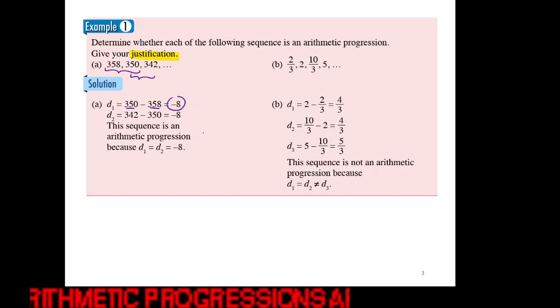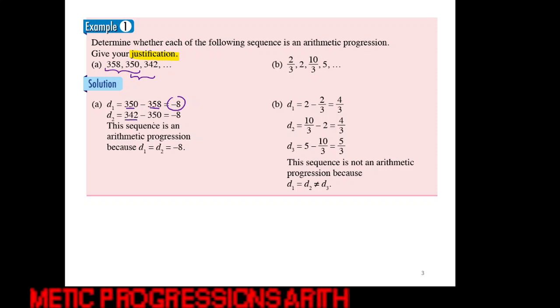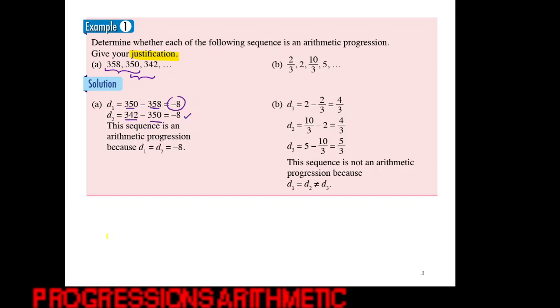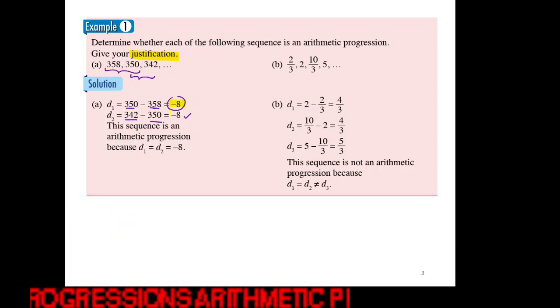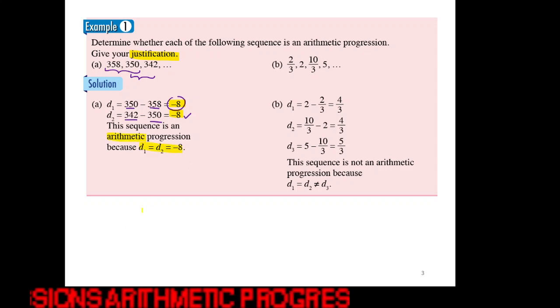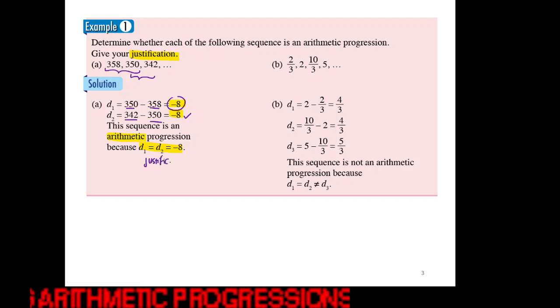Find the difference of the second pair of consecutive terms. We get 342 minus 350, which is also equivalent to negative 8. So when we look at the differences, they are the same. So this is an arithmetic progression because the differences are the same. That is actually the justification.